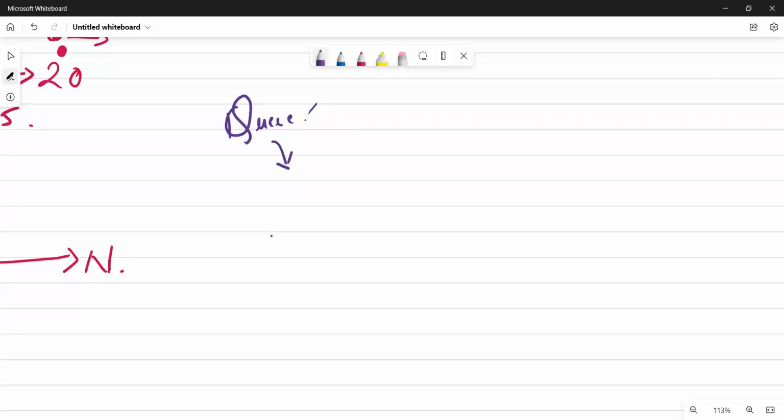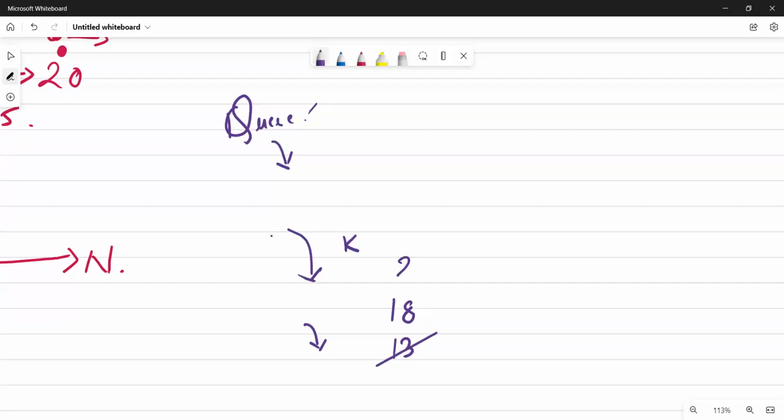Then you know that you need to push the initial k elements. While pushing the k elements, you just need to check: suppose I have pushed 13, and the coming element is 18. Can 13 be the maximum element now? No, pop it out. 18 will be the maximum for any coming window.